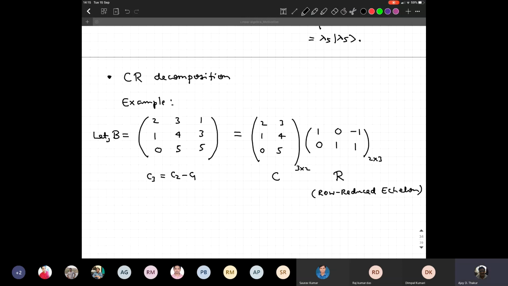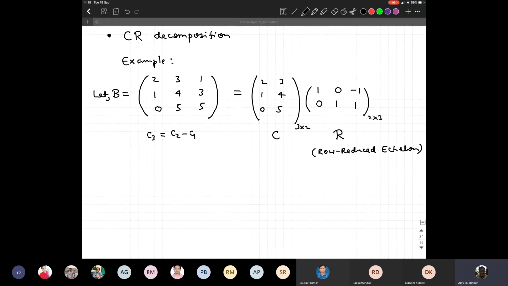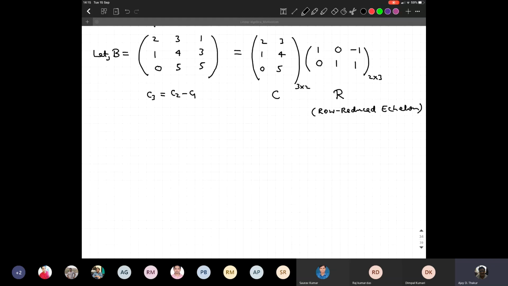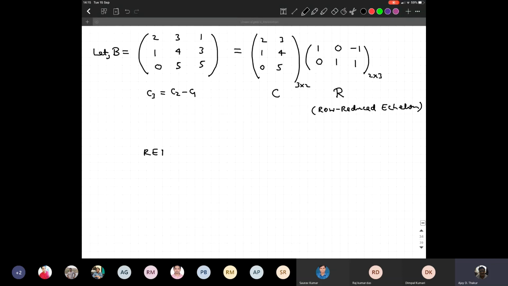Okay, and what is this? Let's briefly look at it. Suppose we are looking at the row echelon form, and for that we can construct matrices.